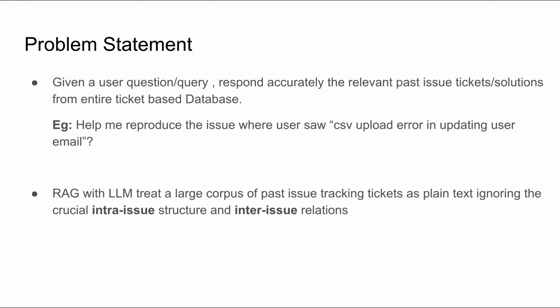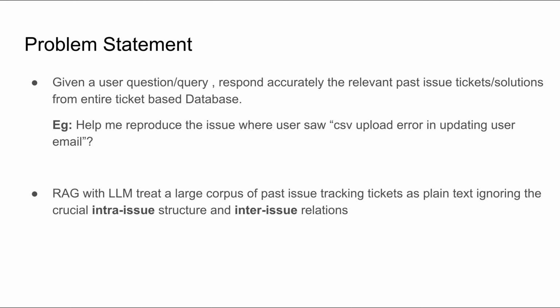Okay, so the problem statement is pretty simple. Given a large set of issue tickets at LinkedIn, when a user wants to question or query these systems, the solution should return the best, most accurate response. So the questions could be something like, help me reproduce the issue where user saw CSV upload error in updating user email.